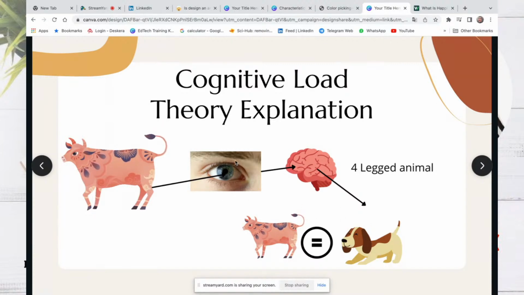Humans at a very young age make sense of whatever they see and store it in the working memory, and if you are able to memorize it, it gets stored into your long-term memory.